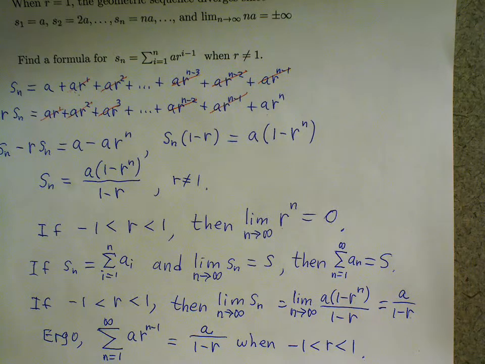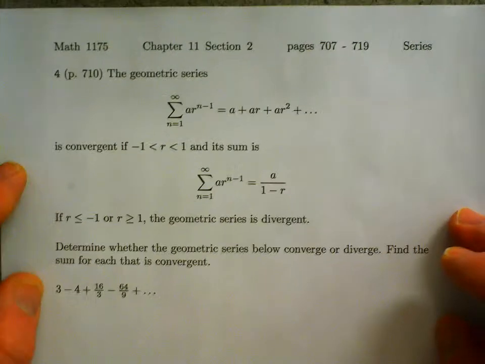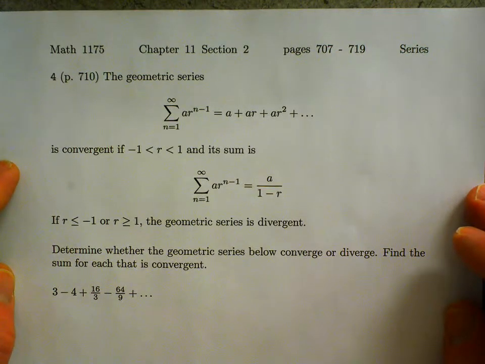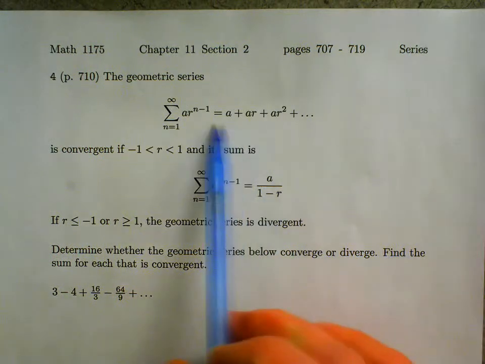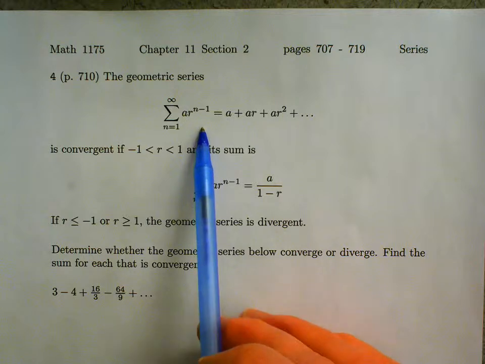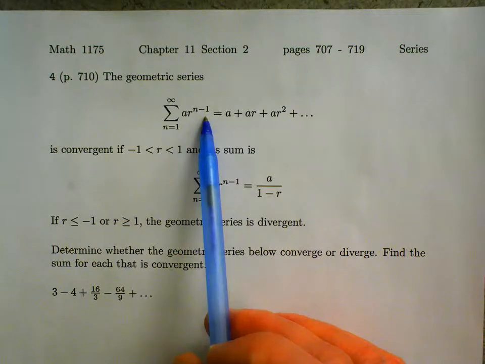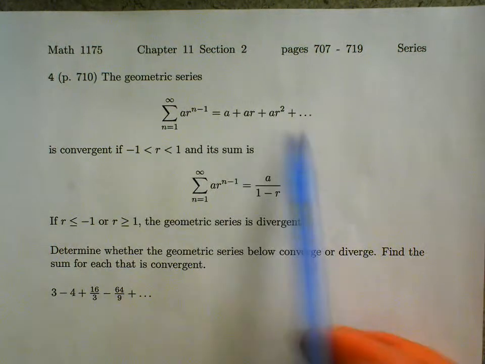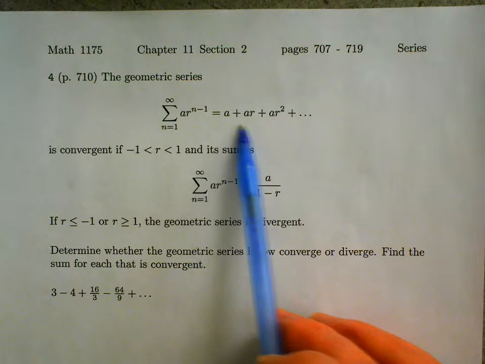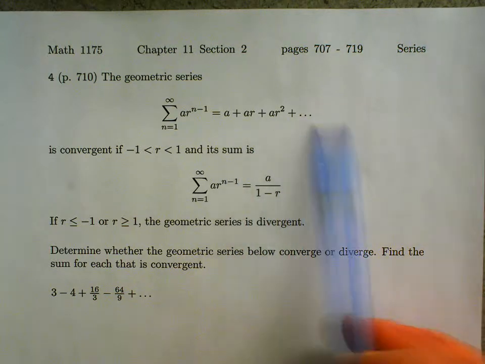Okay, so this is stated on the next page. Oh, this is what we were talking about. The geometric series where the terms are a times r to the n minus 1 as n ranges from 1 to infinity. So that just means a plus a times r plus a times r to the second plus dot, dot, dot.